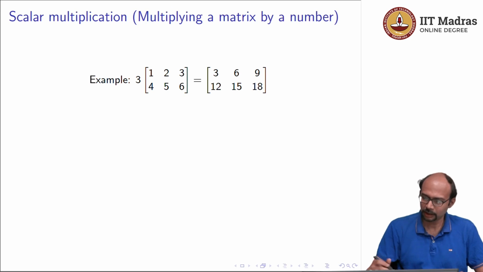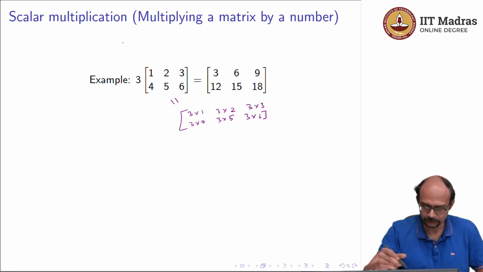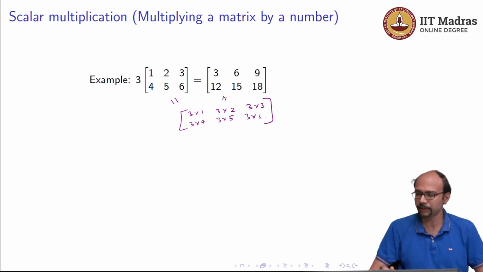We do this by multiplying each entry. So this is 3 times 1, 3 times 2, 3 times 3, and then 3 times 4, 3 times 5, and 3 times 6. Which is exactly what we get as the matrix 3, 6, 9 in the first row, and 12, 15, 18 in the second row.